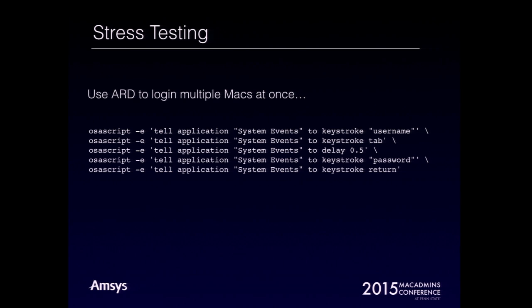Obviously replace username and password with the relevant ones, put it into ARD, send it out to all the machines, and they'll all log on at exactly the same time. It's a really good way of checking that everything's working properly. If you're doing this kind of work during summer holidays and all the kids are coming back after that, and you think, I really hope this holds up, at least you can test it out beforehand, which is nice.